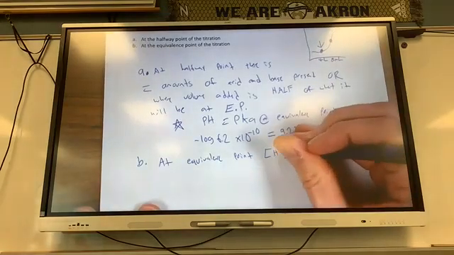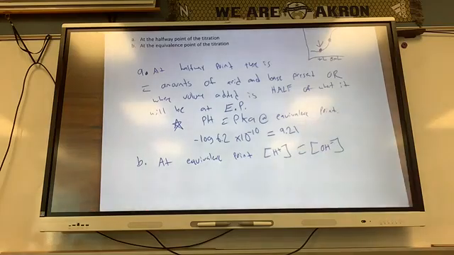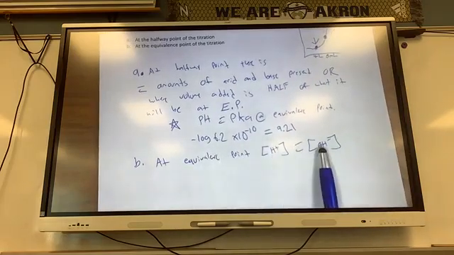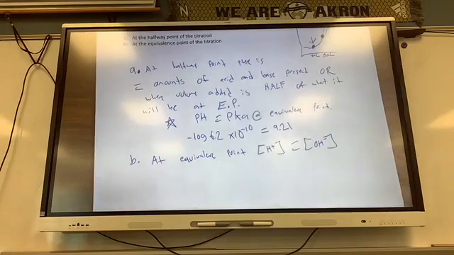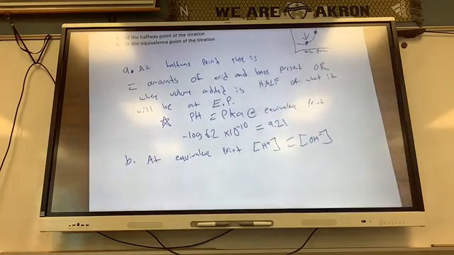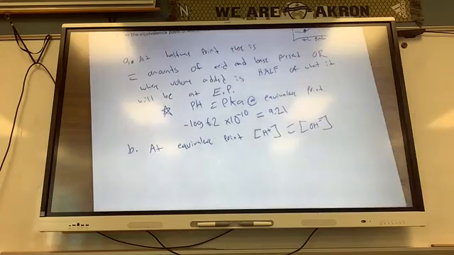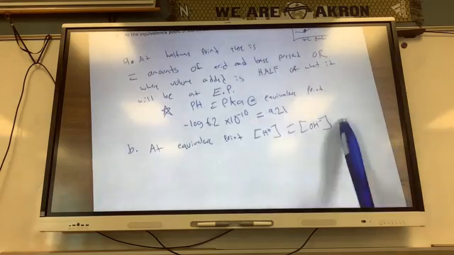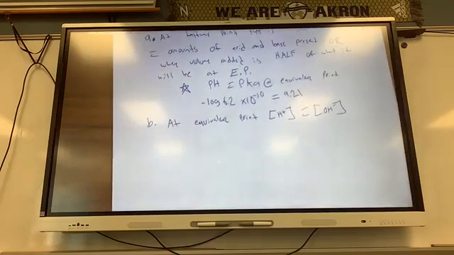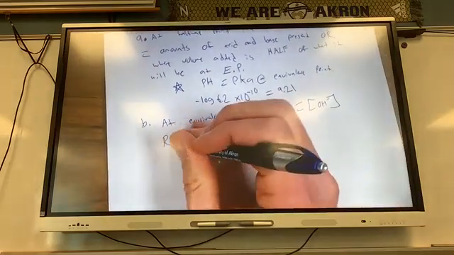Yes, H plus is equal to OH minus, right? So at the equivalence point, my H plus is equal to OH minus. If it's a strong acid and strong base, what pH is that going to be at? We talked about this. If it's a strong acid and a strong base, the equivalence point is going to be at what pH? 7. Right. And then we talked about if it's strong acid, weak base, it could be at different amounts, where these are equal. Cool? Okay.